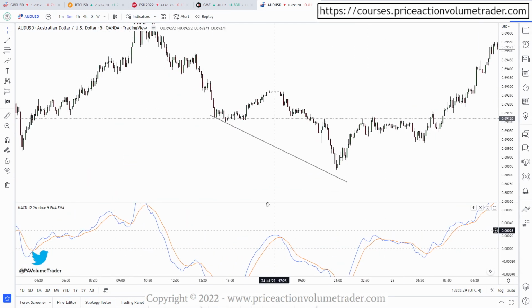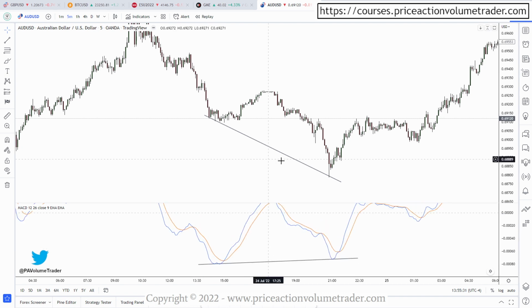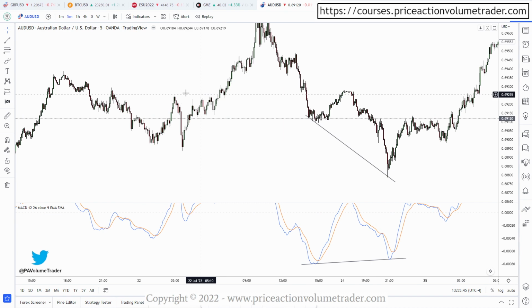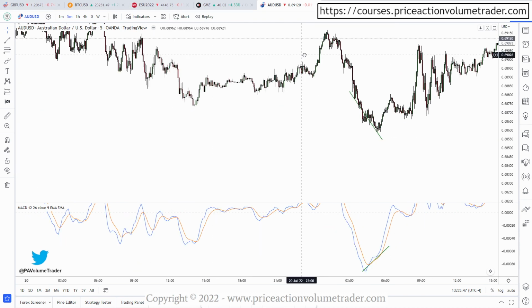And then here again, I marked this is a valid divergence with the MACD, but again, it's only 2 drives. I don't have the third drive, so I would not have taken a confirmation here on the reversal of this.